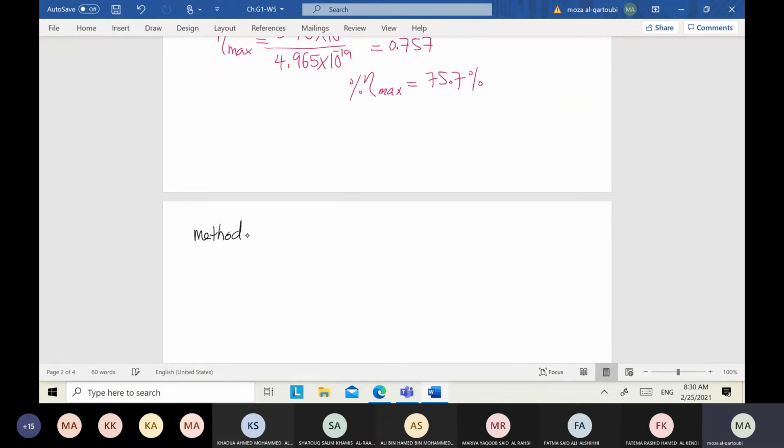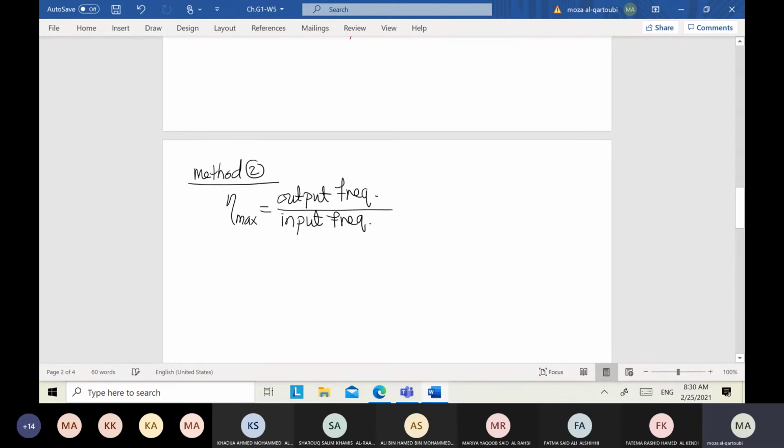So we'll find again the maximum efficiency equal to the output over the input. We'll use the frequency values here, the output frequency with respect to the input frequency. The output frequency we can write the same as the previous note, when given energy, as an output for the gap and the input for the photon.